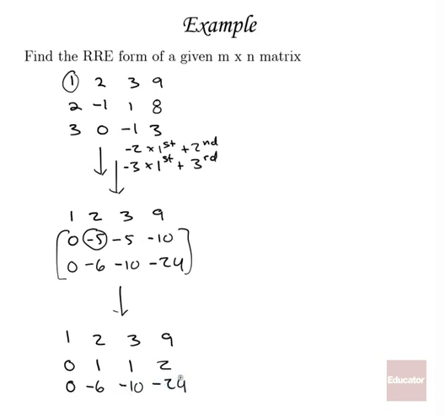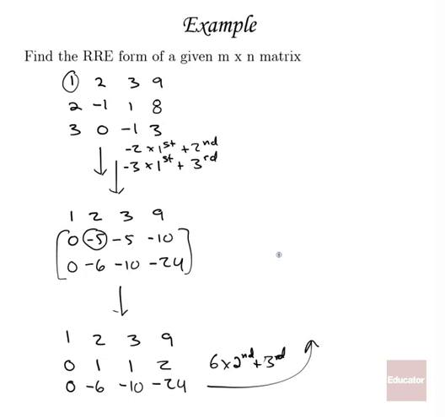Okay, so now let me move up here. I want to get rid of this, make it a 0. I want to make zeros everything underneath. So I'm going to multiply 6 times the second row plus the third.